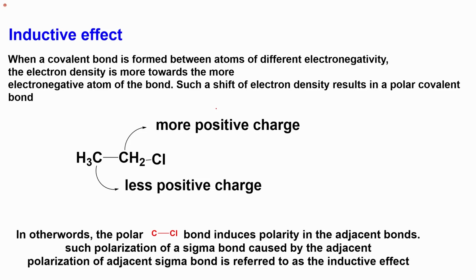What kind of carbocation or radical is generated, and how the inductive effect helps to stabilize the carbocation or the radical. I will just go through quickly whatever we have seen.